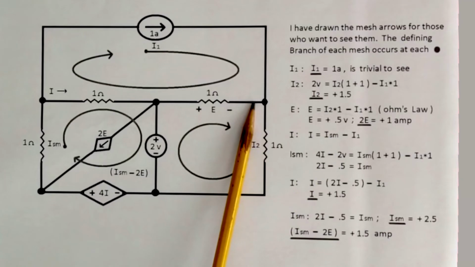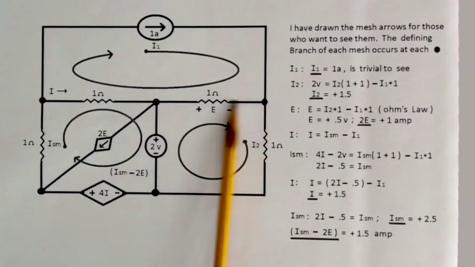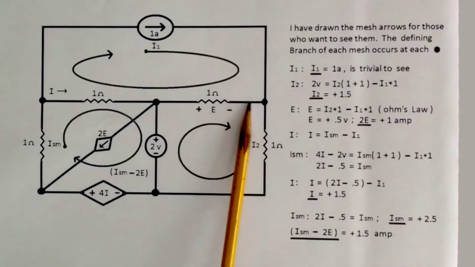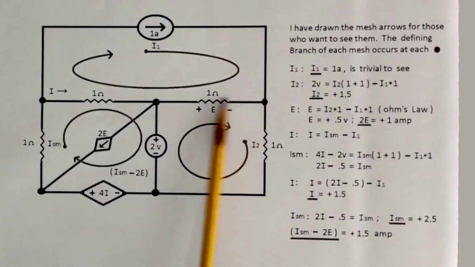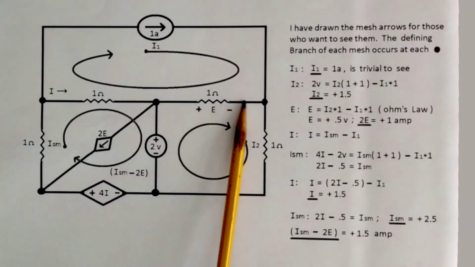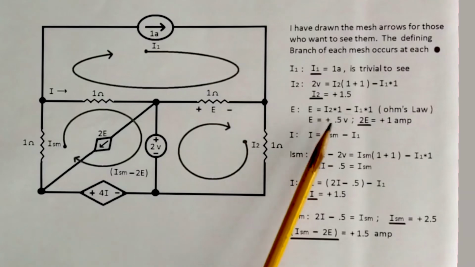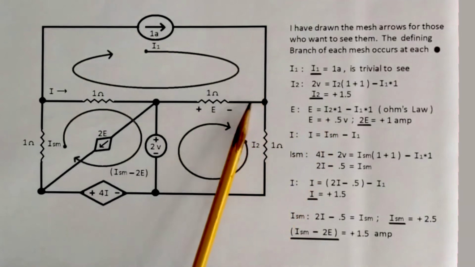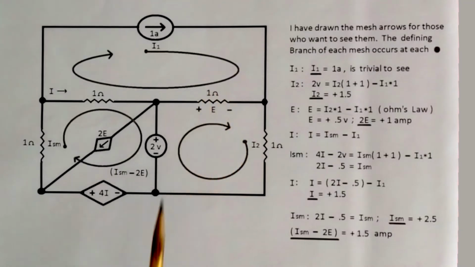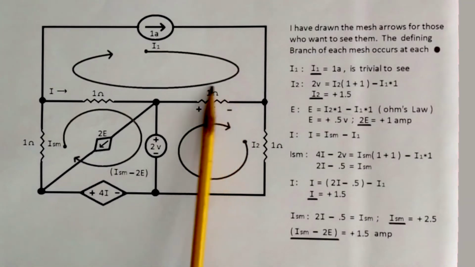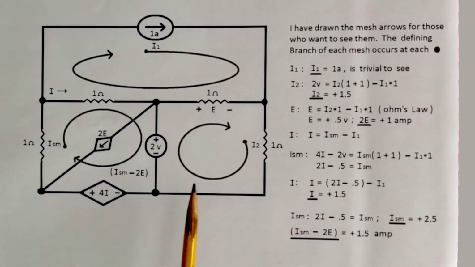If we had said our current was going this way, the magnitude of the current is going to be in negative amps. And because this current is entering here, passive sign convention, we're going to have negative Ohm's law. So a negative and a negative, we still have positive volts. Doesn't matter. We already have the pre-assignment of this orientation, so the result's going to be the same.